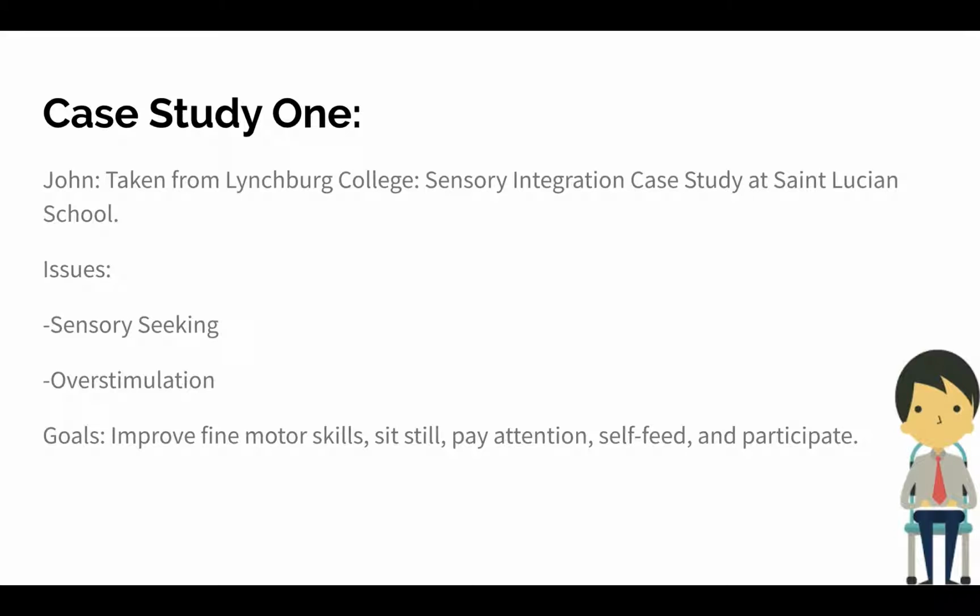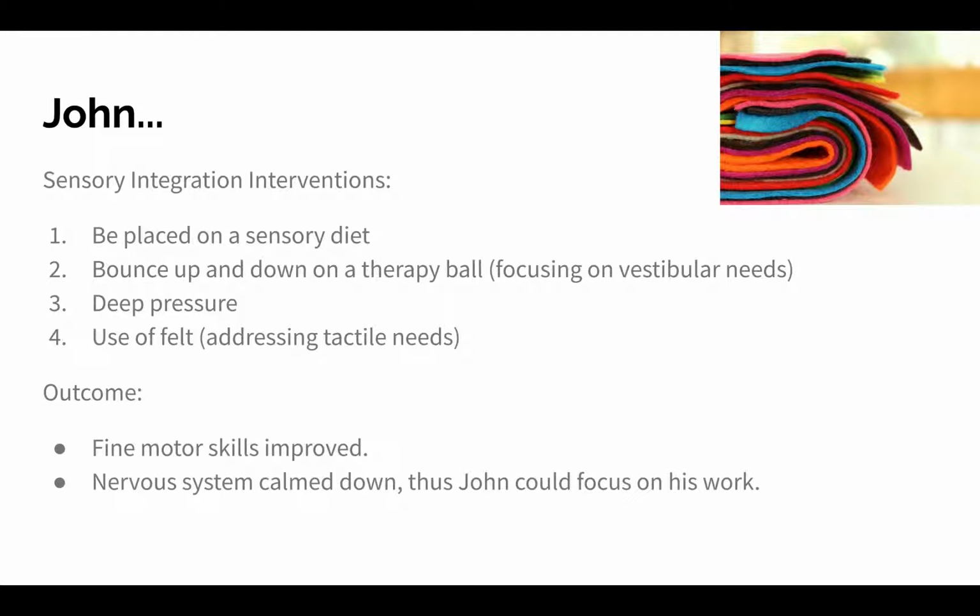So the first case study I have is looking at an individual named John. His issues were sensory seeking and overstimulation. The goals of this study were to improve fine motor skills, sit still, pay attention, self-feed, and participate. In order to do this, the sensory integration interventions were as follows.